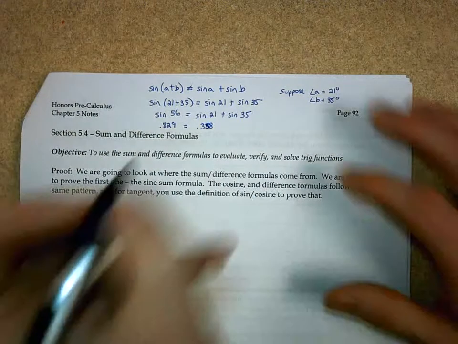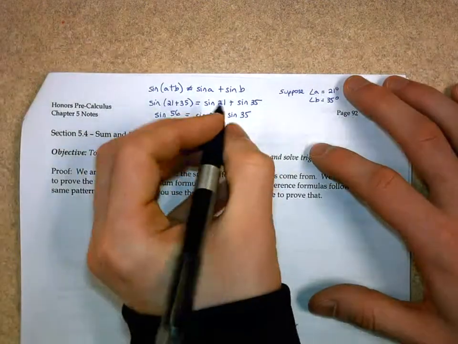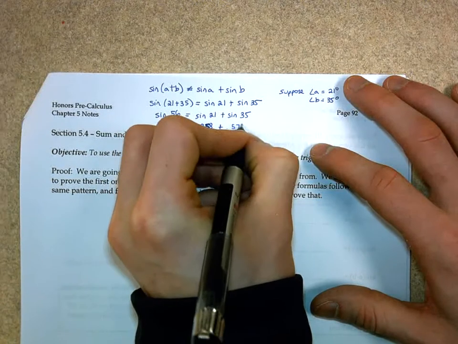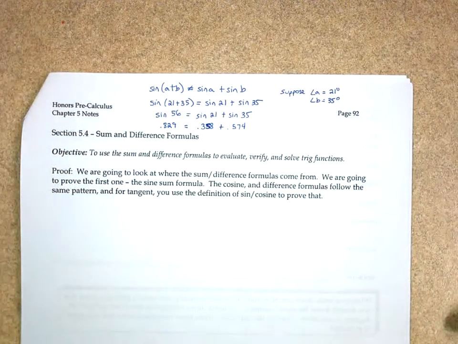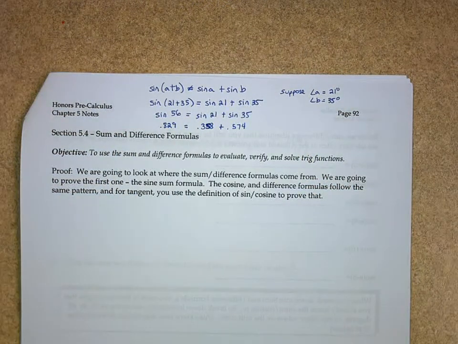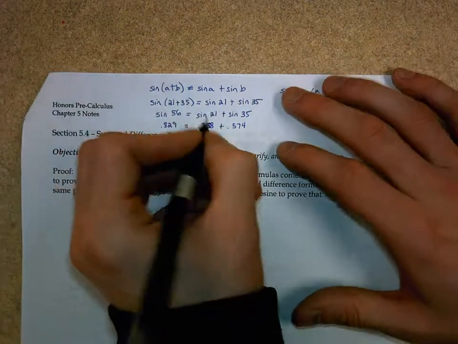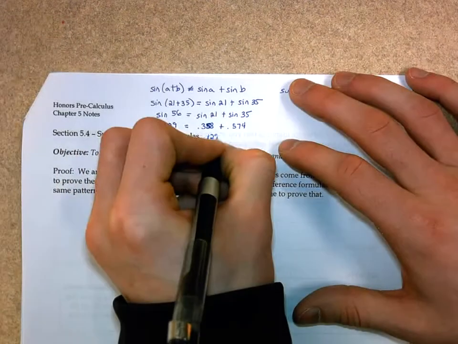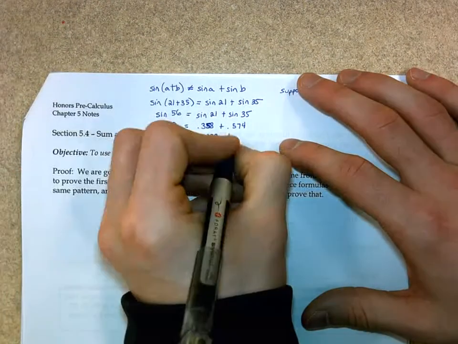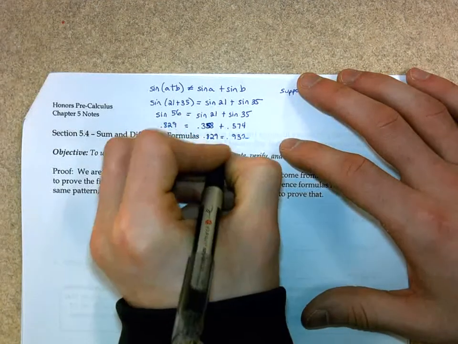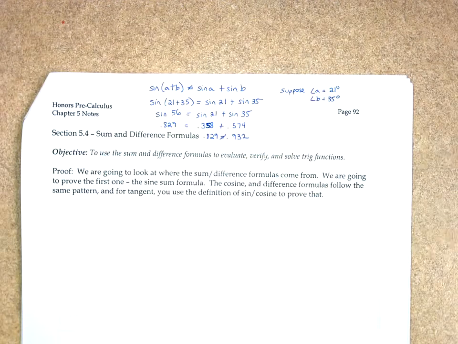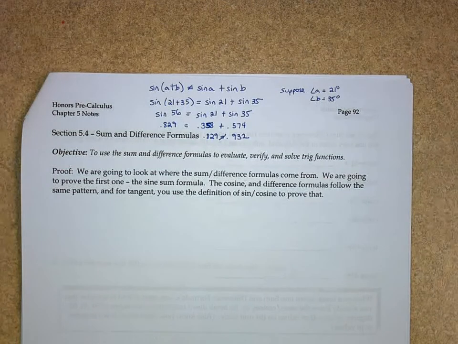And then the sine of 35 is going to be 0.574. And if I add the right-hand side, 0.358 and 0.574, that equals 0.932. And obviously 0.829 is not equal to 0.932. So algebraically we can see that doesn't work.